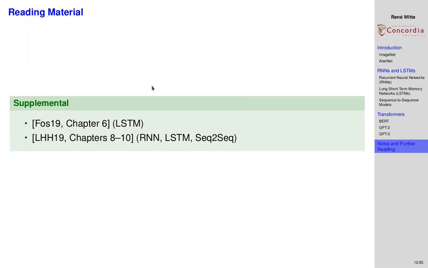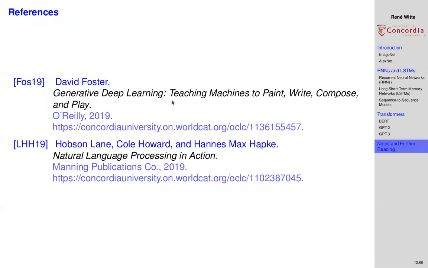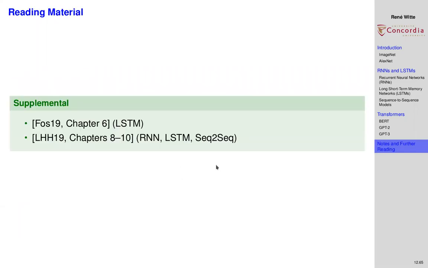What I've shown you here, you can find in the toolbox that I also mentioned last time, Generative Deep Learning and Natural Language Processing in Action. But because it was all on such a high level and it's the last lecture, I'm not giving you really required reading. However, you do have to have an understanding of the high-level concepts that we talked about here.